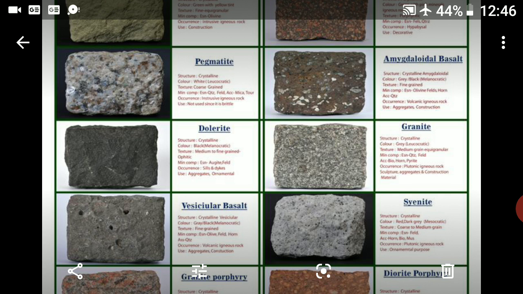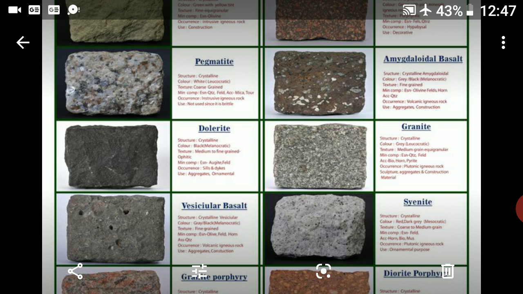So this we find in basalt. Structure crystalline amygdaloidal, color gray or black, texture fine grained. Mineral composition: essential minerals are olivine, feldspar, hornblende. Accessory mineral is quartz. Occurrence: volcanic igneous rock. Use as aggregates in construction.